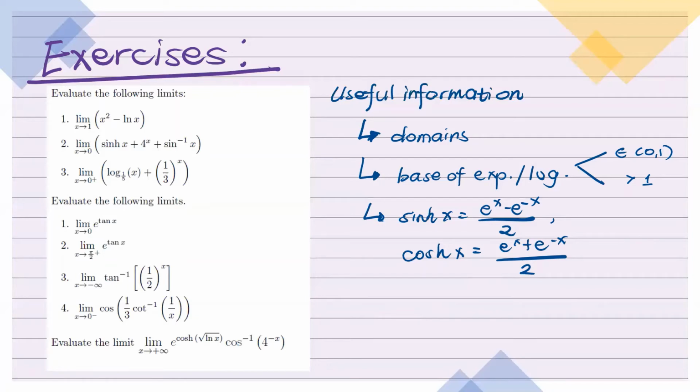On the other hand, the hyperbolic cosine, cosh x, is equal to half of the sum of e to the x and e to the negative x. And lastly, another important thing: when we cannot just evaluate directly, we also look at the graphs of the functions. Okay? Sige, let us start.